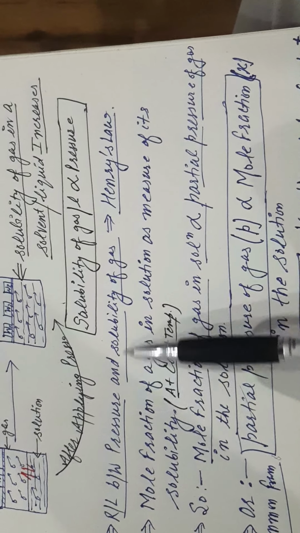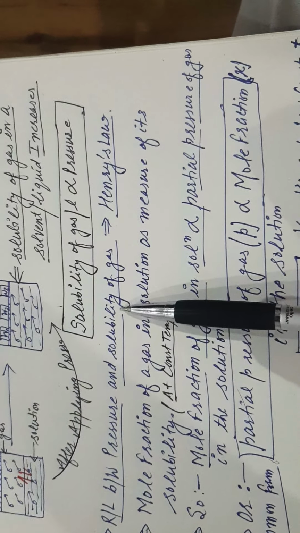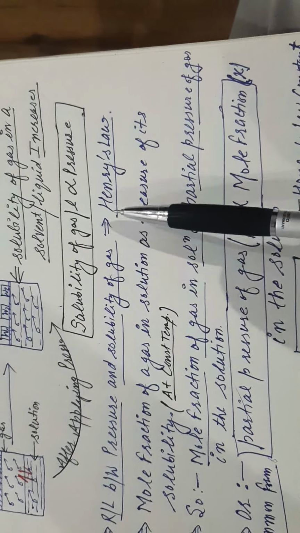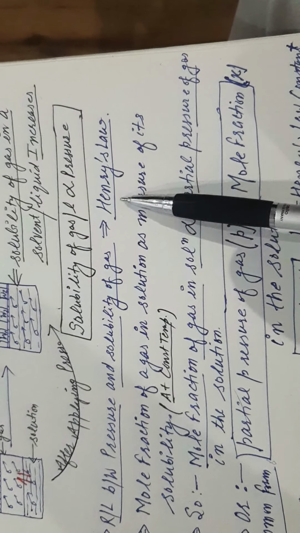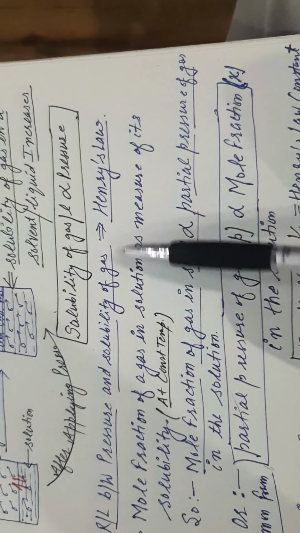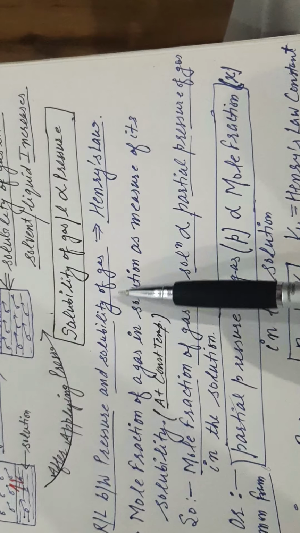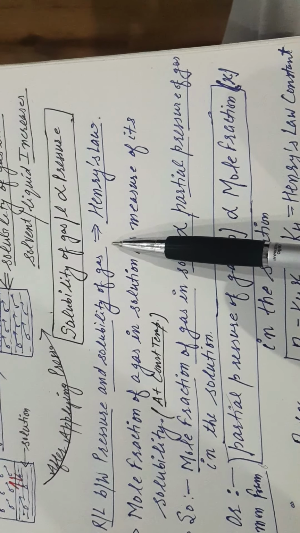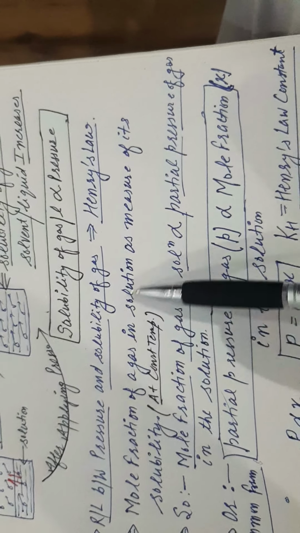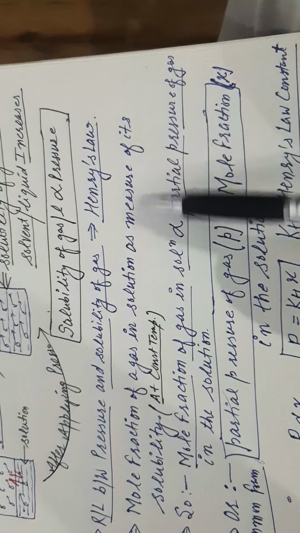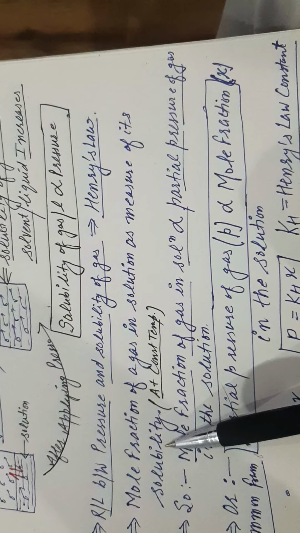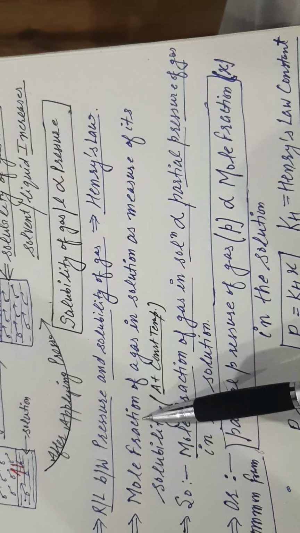And this relation between the pressure and the solubility of a gas was observed and explained by a scientist named Henry, and the law and observation is known as Henry's law. Henry was first to give a relation between pressure and solubility of a gas in a solvent, or we can say the mole fraction of a gas in a solution is a measure of its solubility. तो हम solubility के measurement को किससे चेंज कर सकते हैं, रिप्लेस कर सकते हैं मोल फ्रैक्शन से.